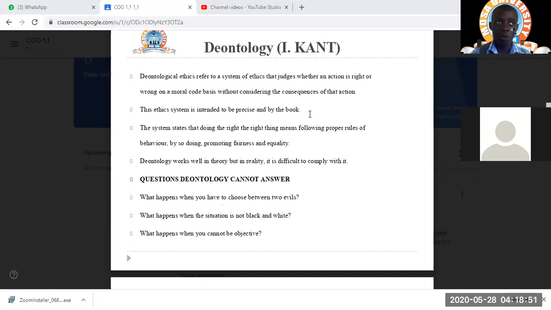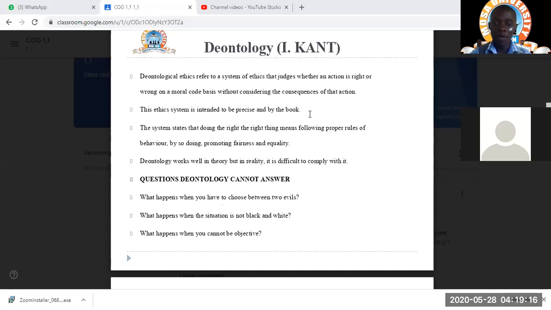I'm sure you've heard the norm of saying the better lie or the good lie. Okay, what will happen when you have to lie in order to save a soul? So in this case, deontology will tell you you should not lie. You should speak the truth, even if somebody has to die, regardless of what will come, the consequence or the outcome. Deontology says you must follow the truth. You must do the right.